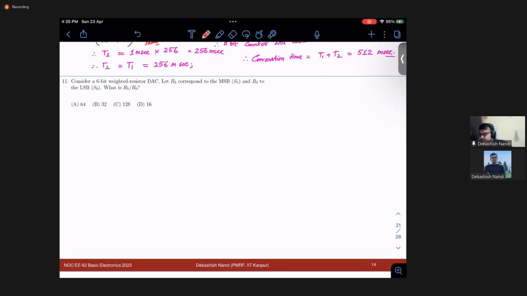So your weighted resistor DAC would be something like this. You have 6 bits, right? So you will have 6 switches.